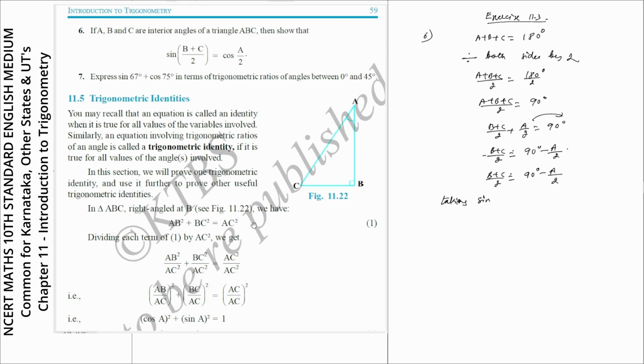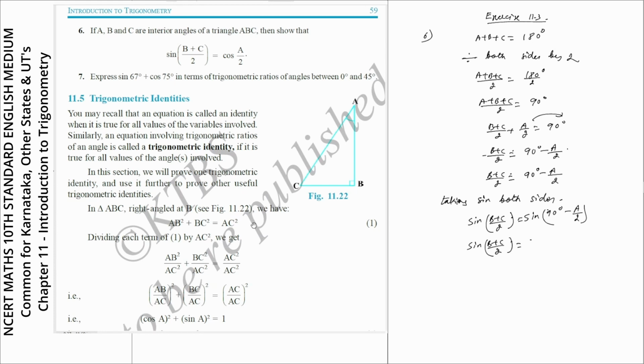Taking sine on both sides, I'll take sine of B plus C on the left hand side, and on the right hand side I'll take sine of 90 degree minus A by 2. Now this is sine of B plus C by 2. So on the right hand side, it's a complementary angle, so I can change sine to cos.